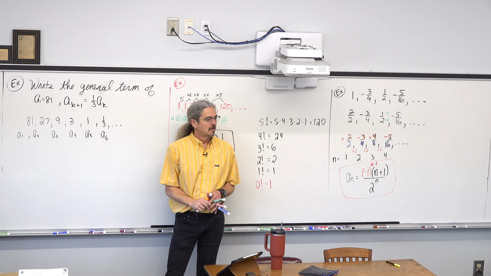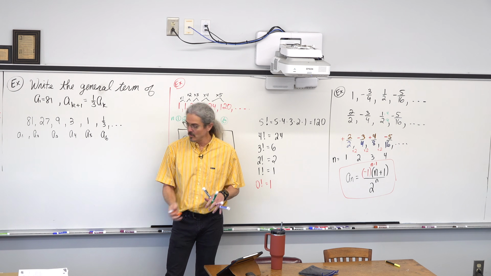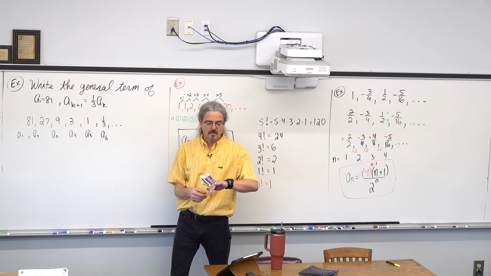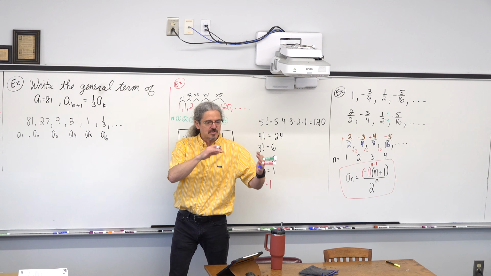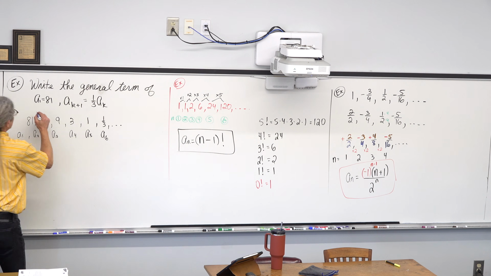So what is the general term? To write the general term, you can use the pattern that's given or recognized, to blend the idea of a general term with recursive. You multiplied by 1/3.